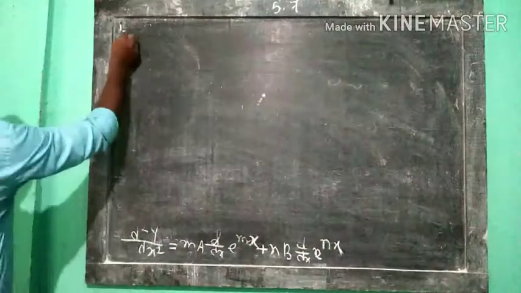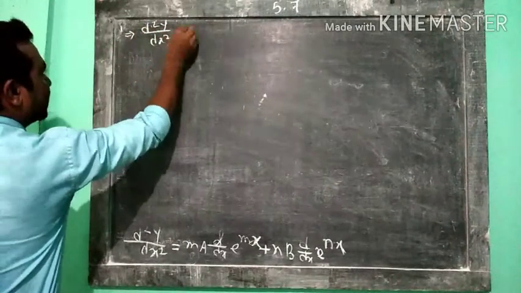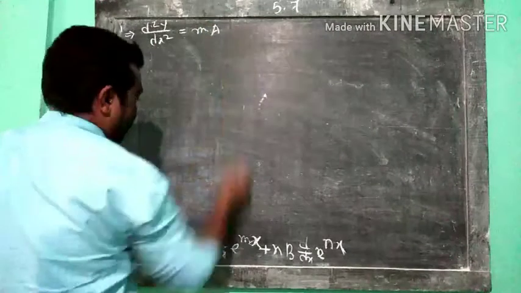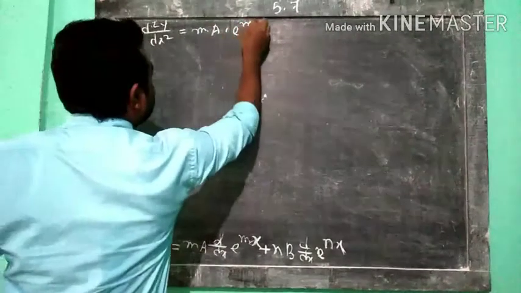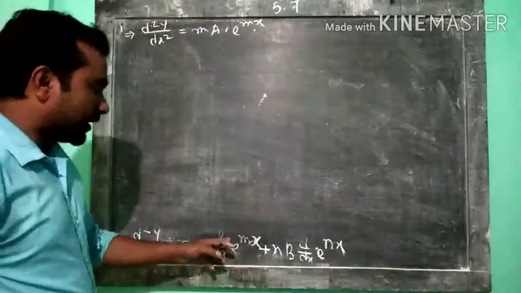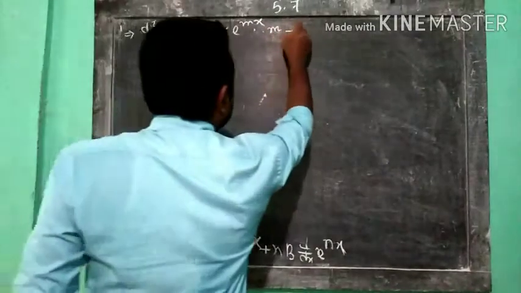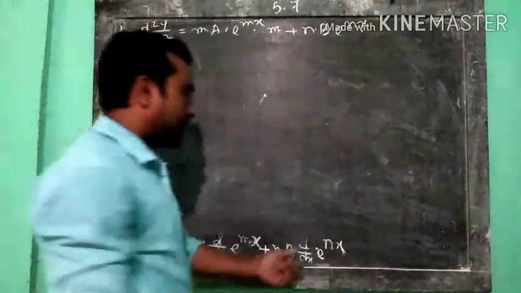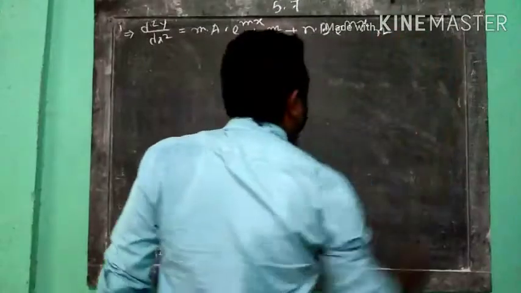This implies that d2y/dx2 is equal to m into a, d/dx of e to the power mx is e to the power mx. Again if we differentiate mx, then we get m, plus n into b e to the power nx. If we differentiate nx according to chain rule, then we find n.